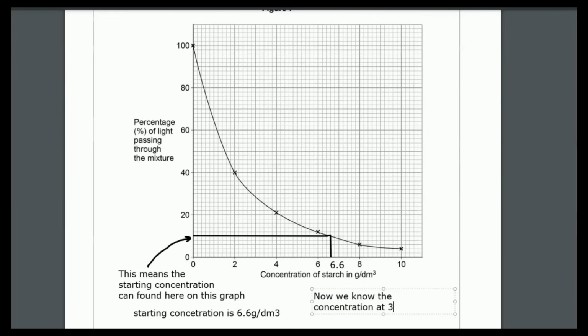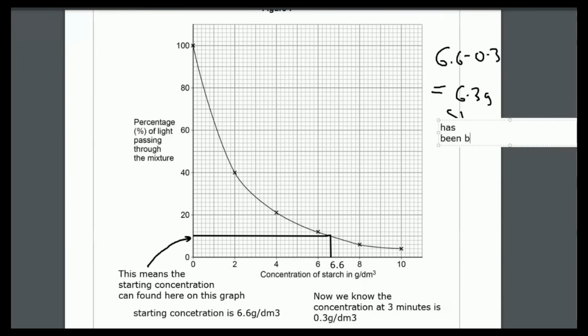Let's find the difference, to find out how much starch broke down over the 3 minutes. If it was 6.6 and after 3 minutes it was 0.3, how much starch had been broken down to maltose or glucose by the amylase? 6.6 minus 0.3 means that 6.3 grams of starch was broken down.